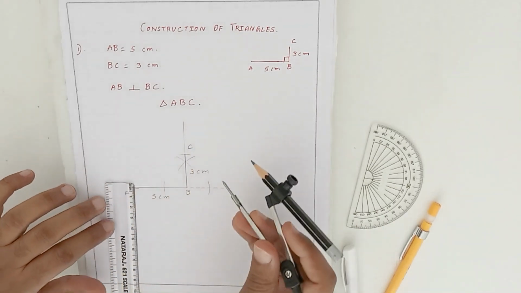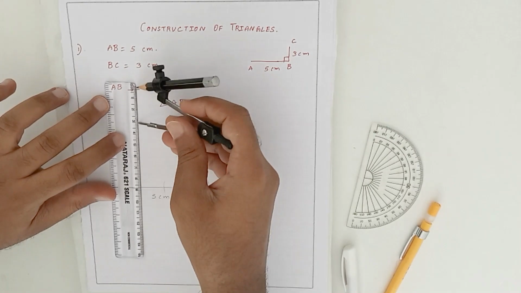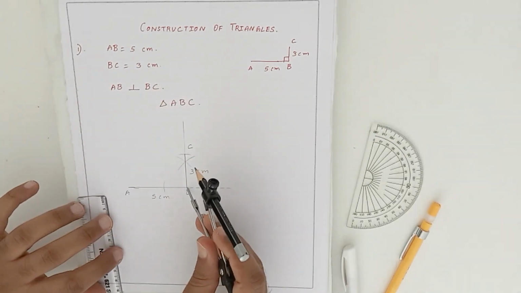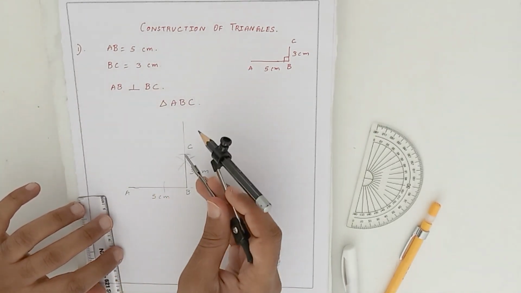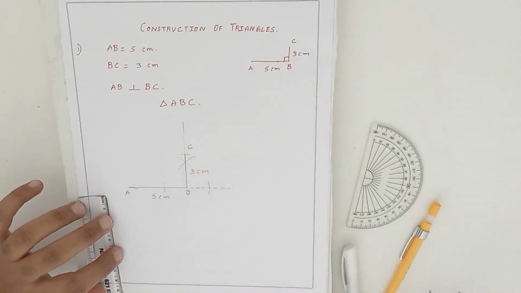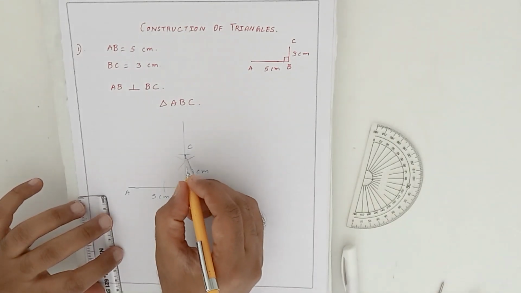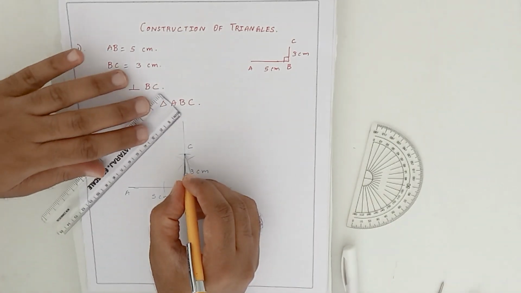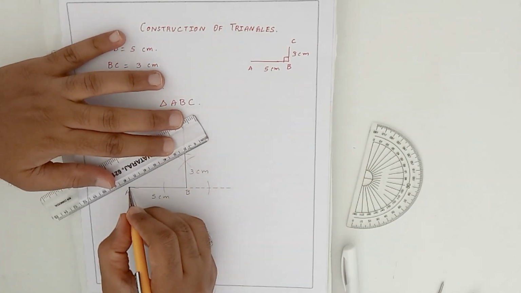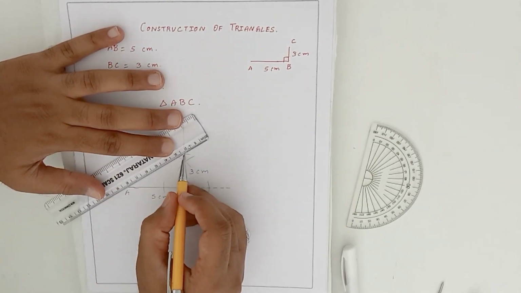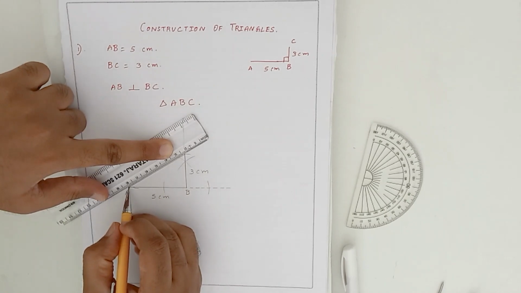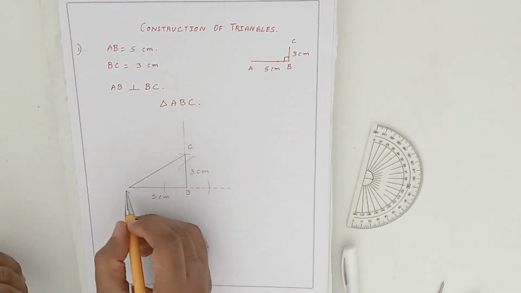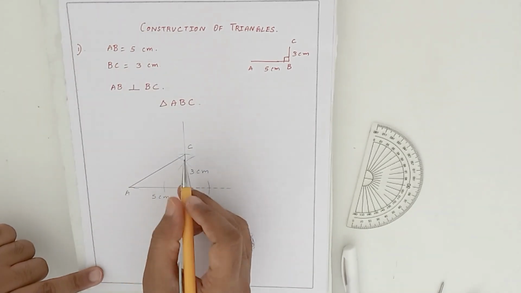Why am I doing this? Because now this is 3 centimeters. Place the compass tip here. I'm cutting this so that I know this much is 3 centimeters. Now you have to connect this point and this point. Now I got triangle ABC. That's it.